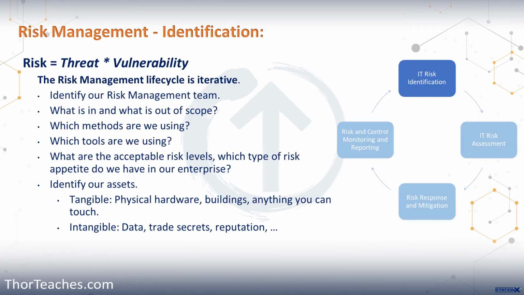For risk identification, if you are familiar with PMI's project management methodology and lifecycle, then you know in the first phase, initiation, that is where we identify our team. We find the team members that we need from across the enterprise.